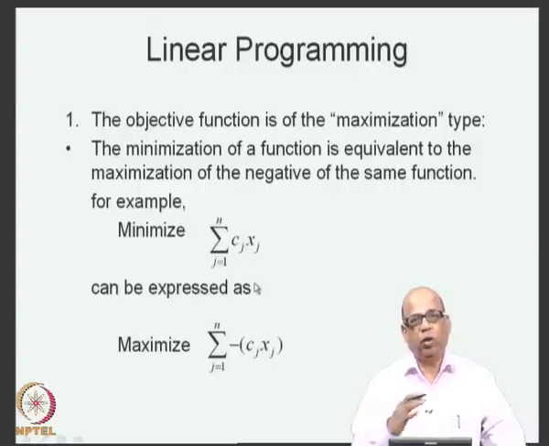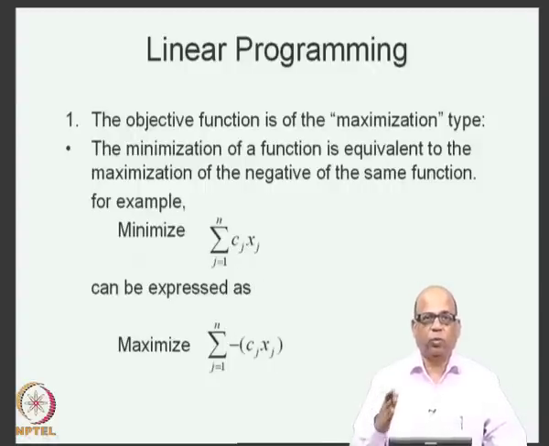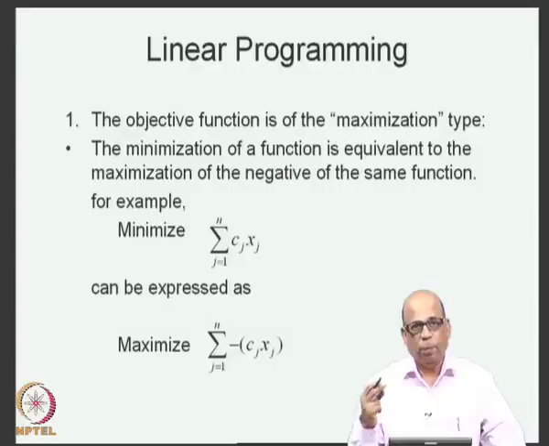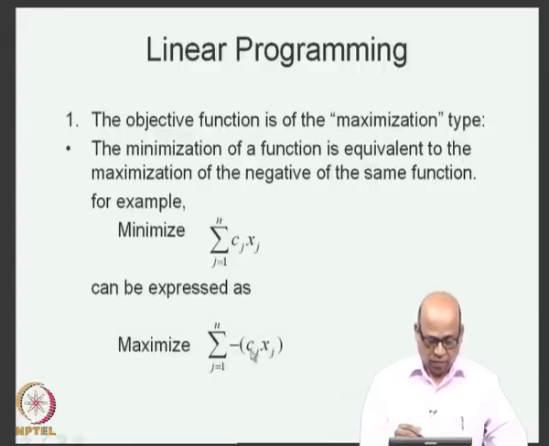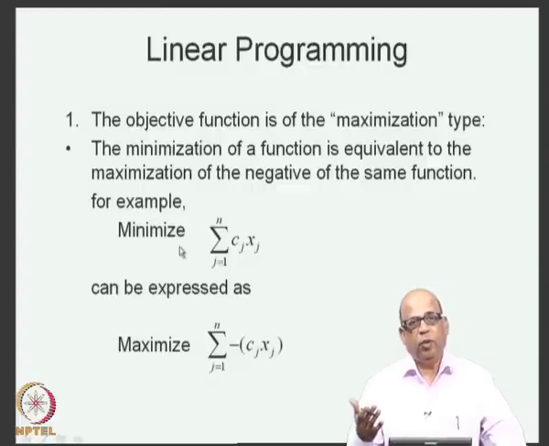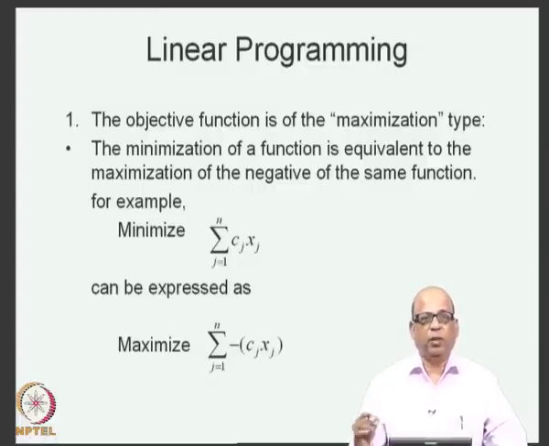As you recall, in one of the earlier lectures I had shown that if you want to maximize f of x, it is the same thing as minimizing minus f of x. So, simply take minus c_j x_j and maximize that. So, a minimization objective function can be written as a maximization objective function by simply taking the negative of the function itself.